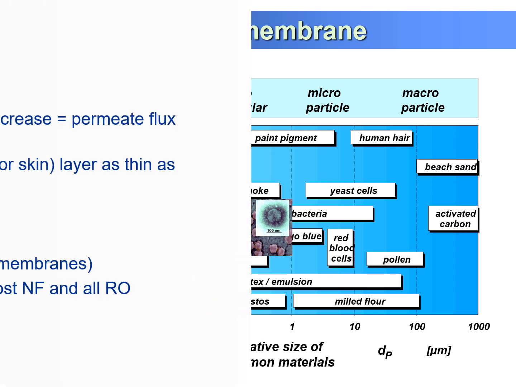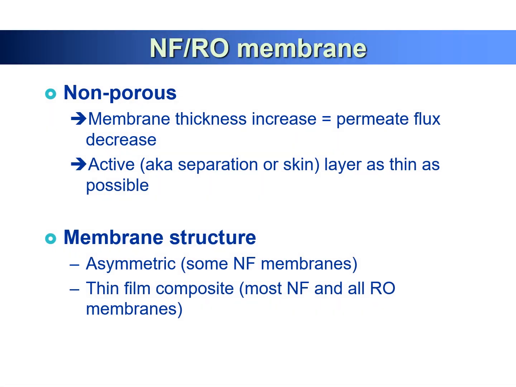So the RO membrane and nanofiltration have a very similar mechanism. It is a non-porous membrane, so as membrane thickness increases, permeate flux decreases. So the active layer should be as thin as possible to produce higher flux. And the membrane structure is asymmetric.